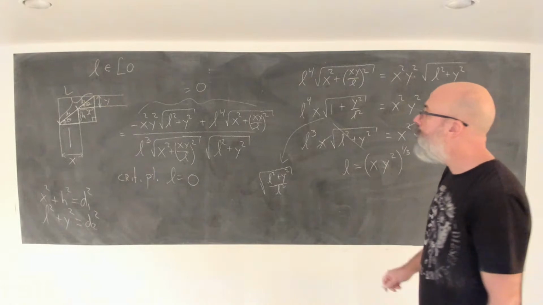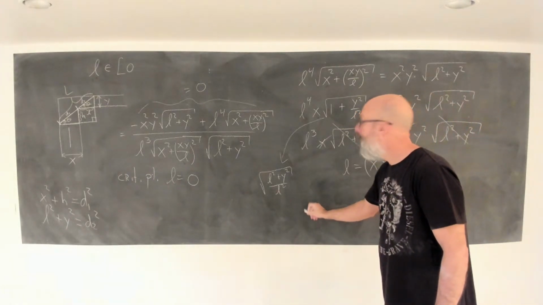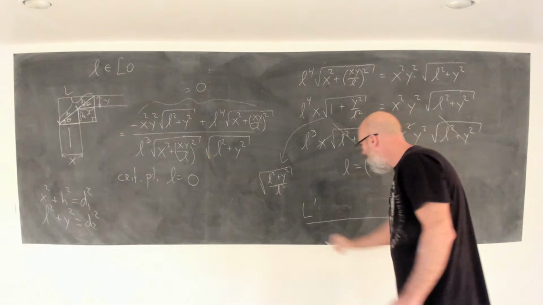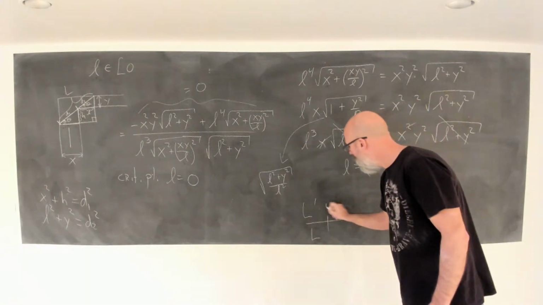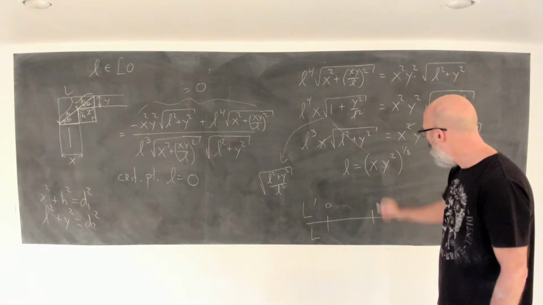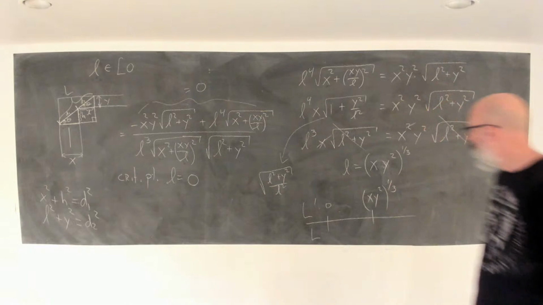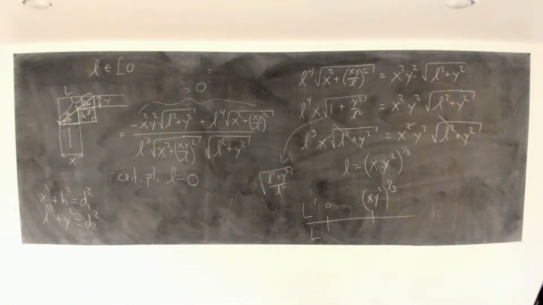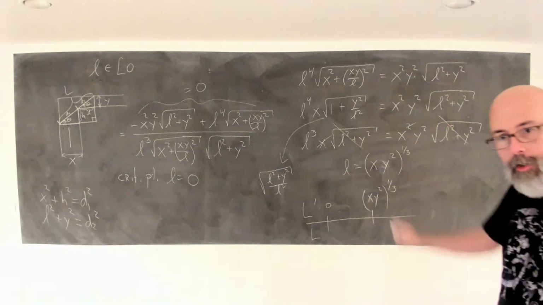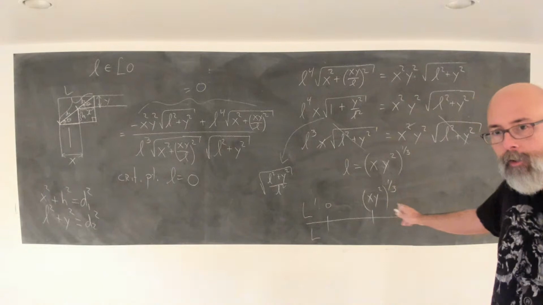So let's see what happens. I'll find an L, one critical point, a cube root of xy squared. Is this the correct critical point?